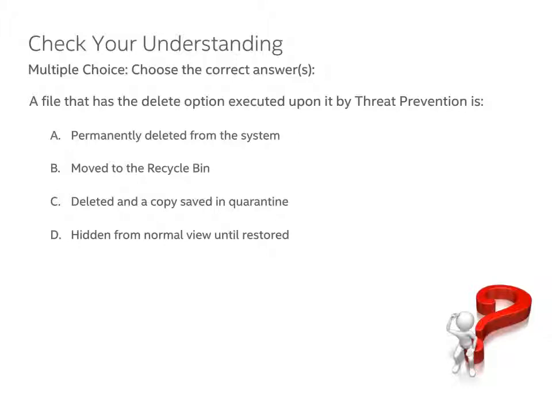The correct answer is deleted and a copy saved in the quarantine. If you recall, it can be in that quarantine folder for 1 to 999 days, and then it's automatically aged out according to the policy that you set.